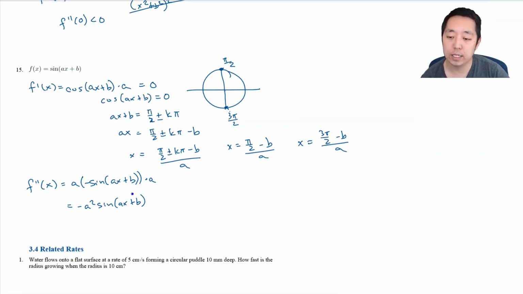And so when I plug it in here, at pi over 2, or at least ax plus b is pi over 2, it's positive, so this is negative. So here the second derivative is less than 0. Here the second derivative would be positive because the sine value would be negative, times a negative would make it positive. So because it's negative, it's concave down, so this makes this a maximum. And this is concave up, so that makes this a minimum here.